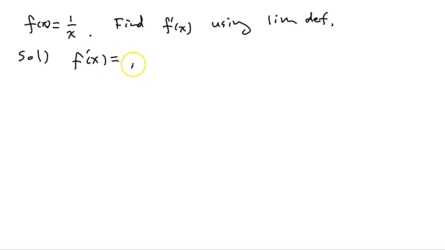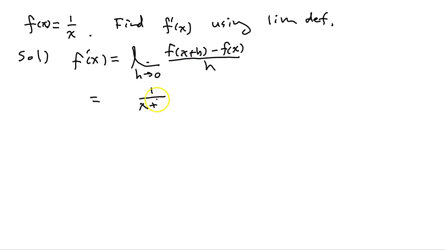You start out by writing the formula. That way you don't get confused about what's supposed to be done. So let's just write down the formula. And then, since f of x is the 1 over x function and x is replaced by x plus h, you have 1 over x plus h from f of x plus h, and f of x is 1 over x, divided by h, limit h goes to 0.